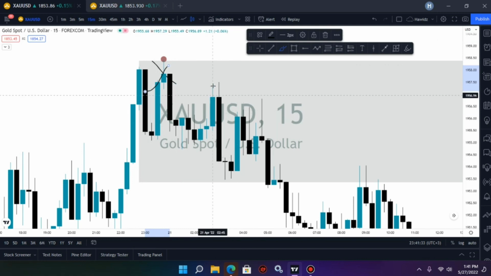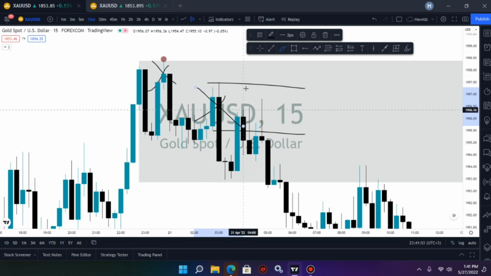Okay, so price after testing comes back down. When it comes down, you do have this zone right here, this up zone, and price goes down, comes up, tests it. So boom, this again is what? Invalidated.